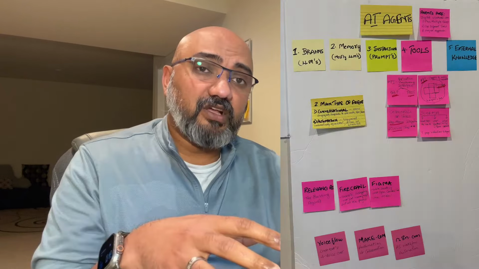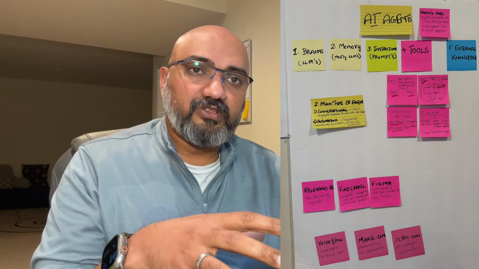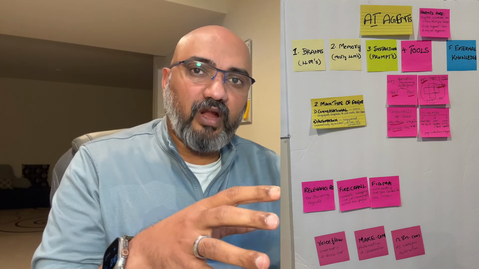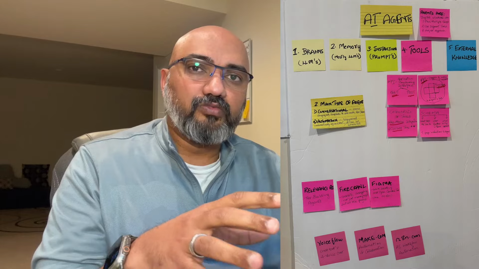Agents are autonomous or semi-autonomous assistants that can actually help you do some practically useful tasks. Agents are autonomous in the way they work, right? You give them things to do and then they do it on their own. So it's important to understand the difference between automation and agents, right?